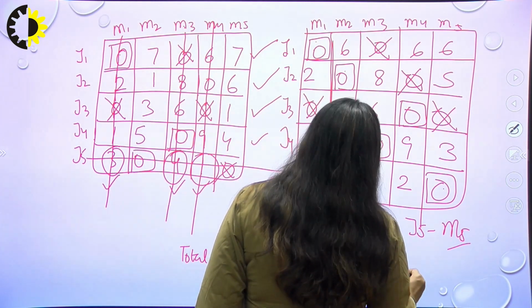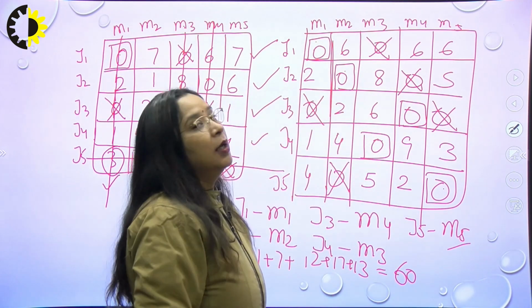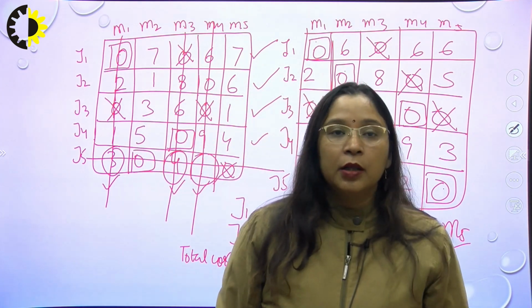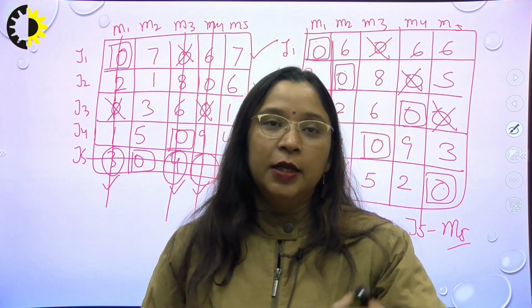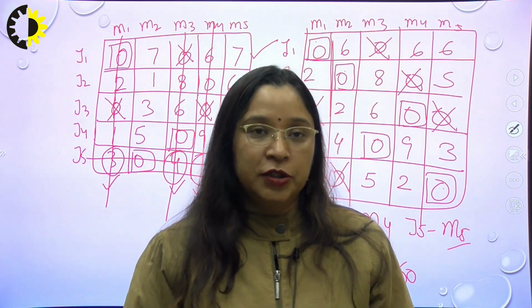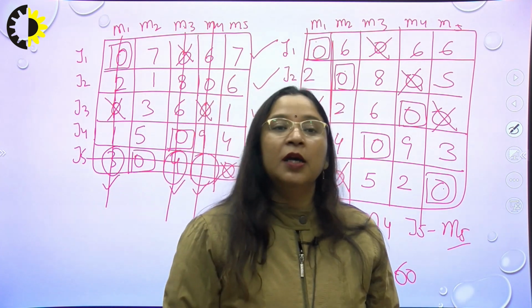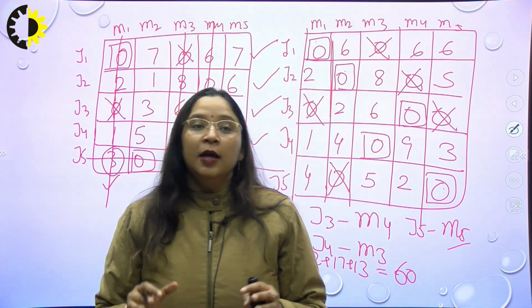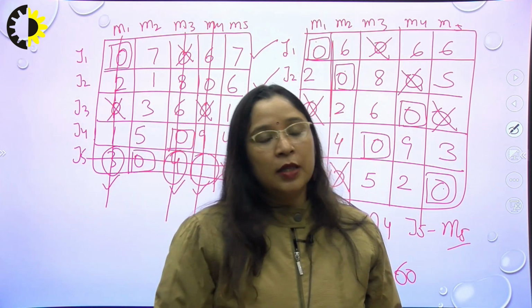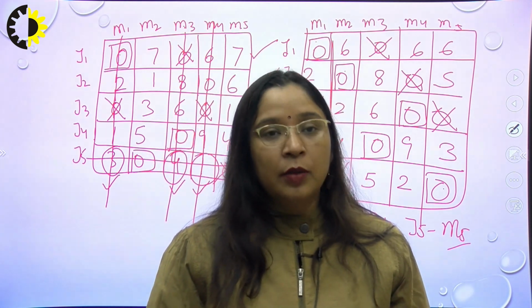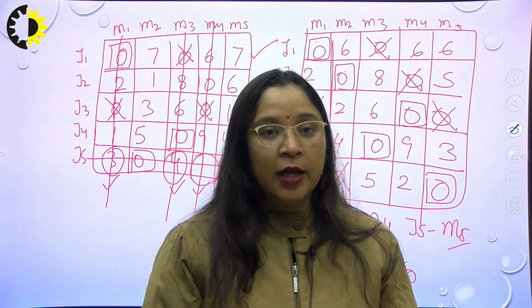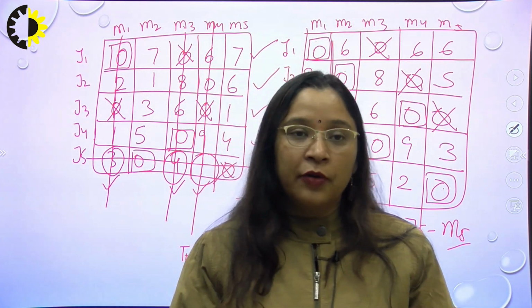So you can see how we have converted a simple matrix into assigning the jobs to the machines. Since it is a minimized cost which we will get in assignment, it helps us in decision making. We don't want to have favoritism or anything. We have a logic behind each and every decision of ours.